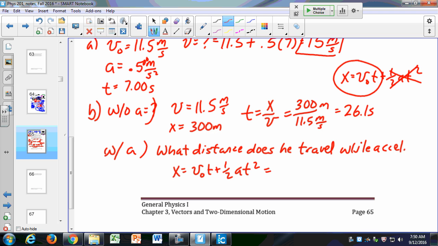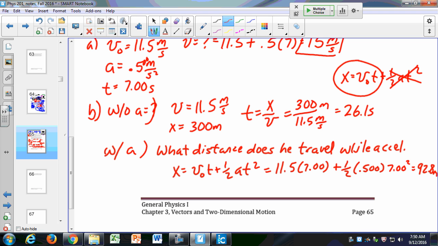It's going to be 11.5 times 7 plus 1/2 of 0.5 times 7 squared. And that's equal to 92.8 meters. Right, it said he was 300 meters from the finish line.